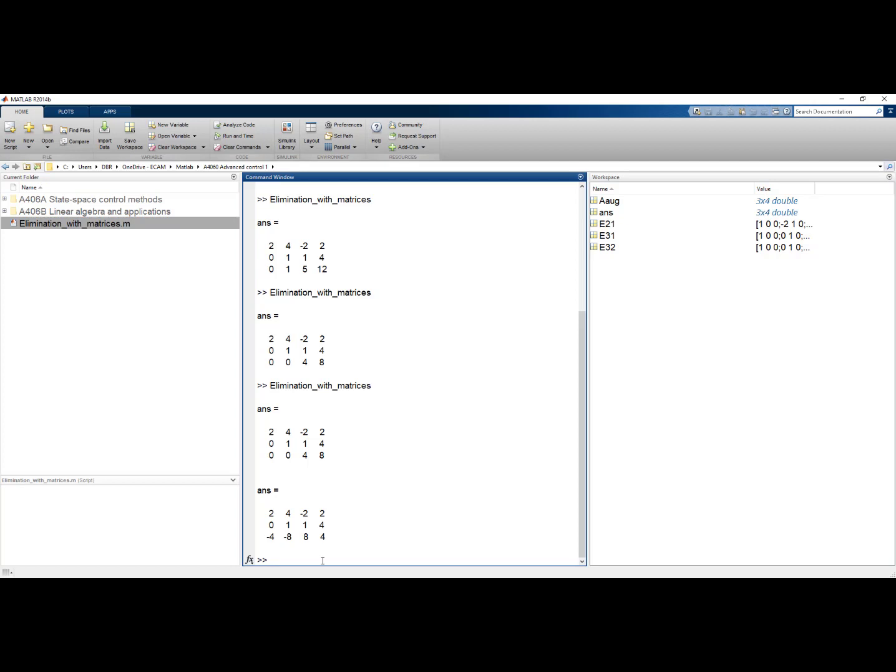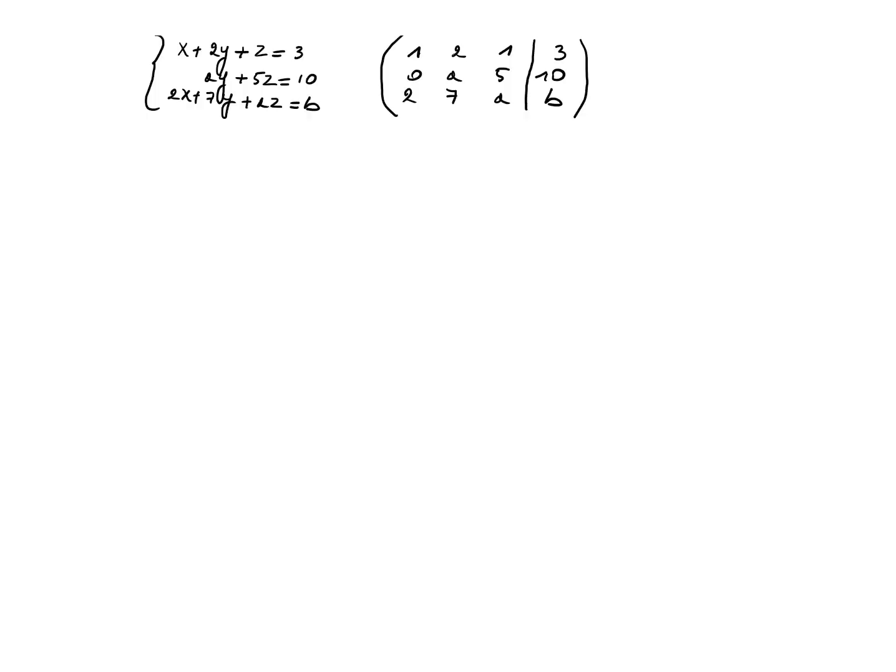Okay, just want to show you, for instance, elimination matrix 2,1, elimination matrix 3,1, and elimination matrix 3,2. Okay, so you have started from the identity matrix and you have just changed the corresponding element where you want to create a 0.